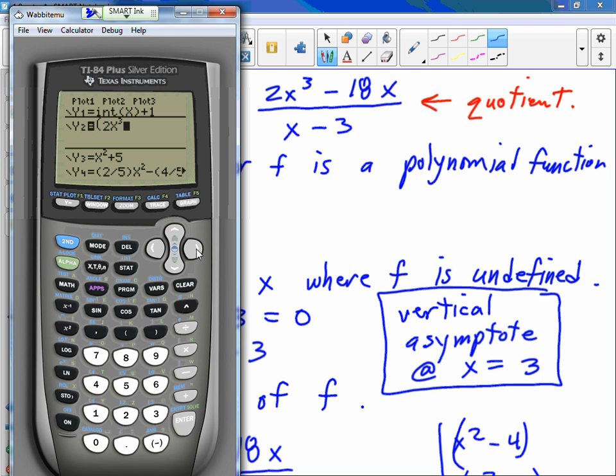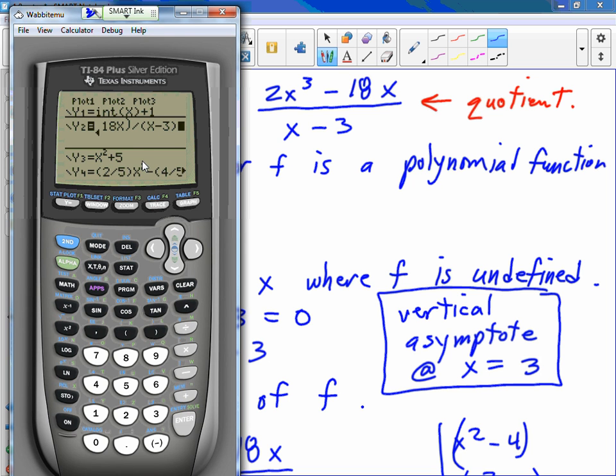Make sure you bring this down in your calculator. The newer ones, you have to do one extra step, but it looks better. Minus 18x, close parentheses, divide, open parentheses, x minus 3. Okay, and we're good there.